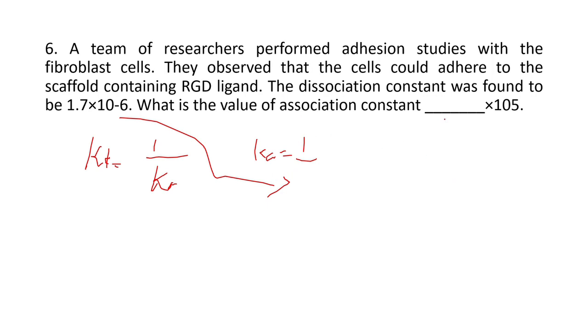So can anyone tell the numerical value? Ma'am, is it 5.8 into 10 to the power 5? Yes, it's 5.88. So the answer is 5.88 into 10 to the power 5.